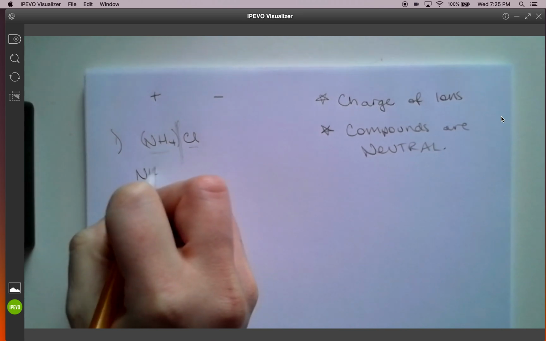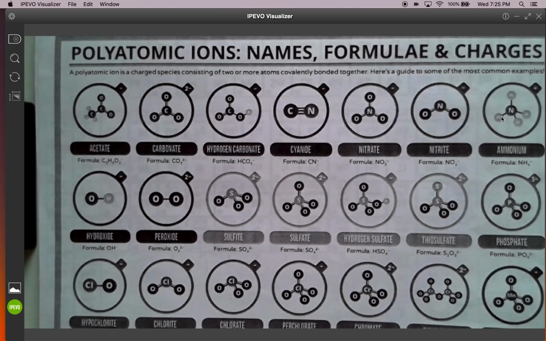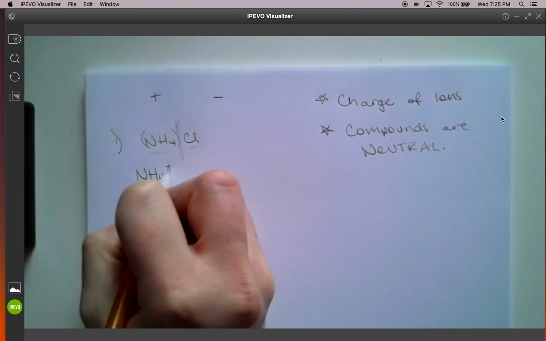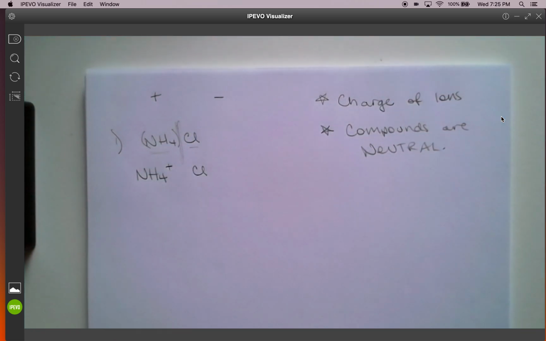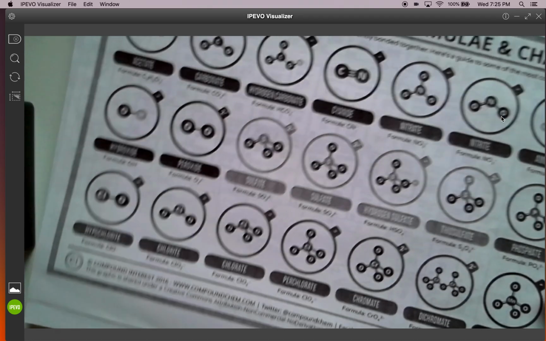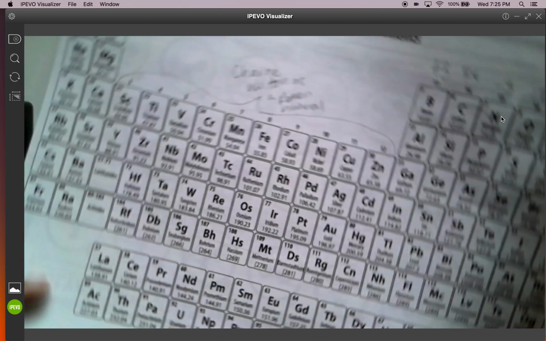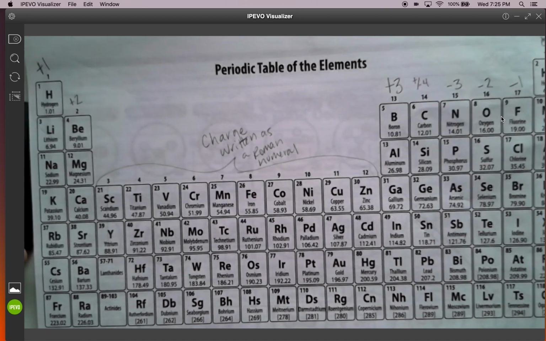And according to your handy-dandy polyatomic ions page, which you can have forever and ever, it will never take this away from you, just like your periodic table, it's got a charge of +1. There's your charge of +1. And your chloride is a monatomic ion, so instead of being on this polyatomic side, anything that is a single atom ion will be found on your periodic table.